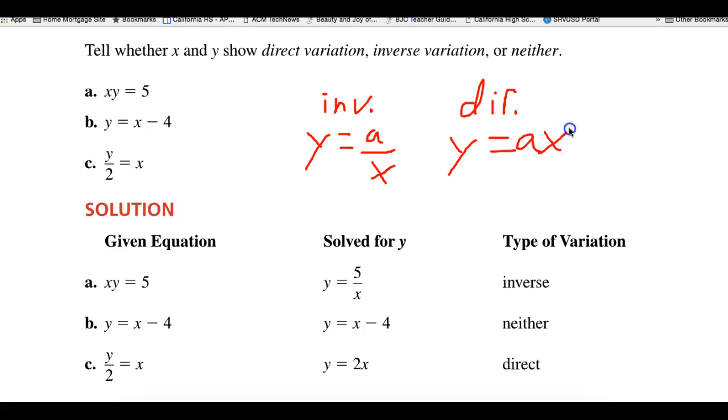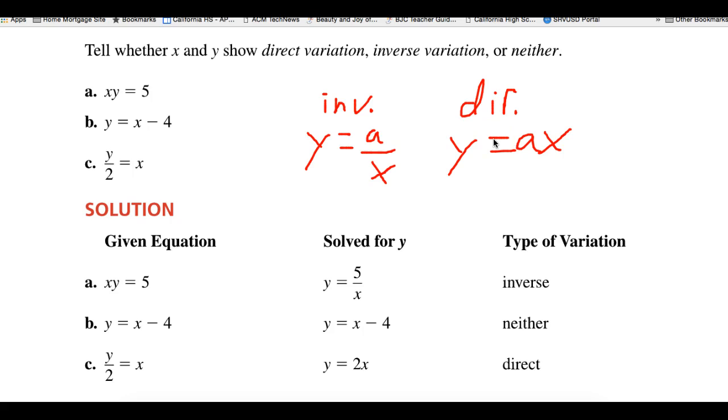So you can see the difference between the two here. We say that x and y show inverse variation if they fit this form, and direct variation if they fit this form. And if they're neither of these, such as in case B right here, when you've got x minus a number, then you just say it's neither. Not every equation has to be one or the other. They have to fit this specific model to be counted inverse or direct.